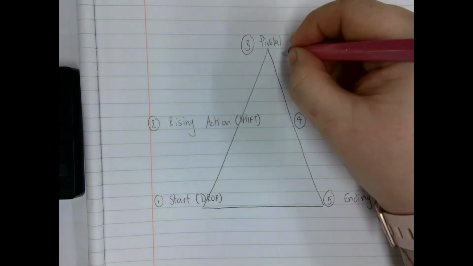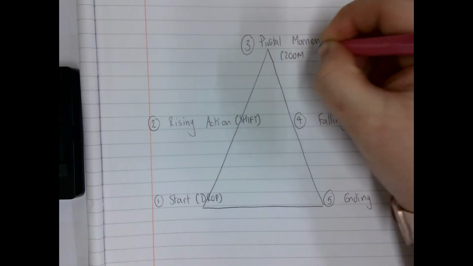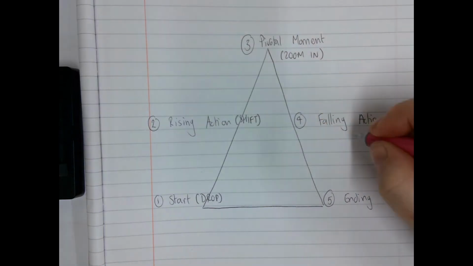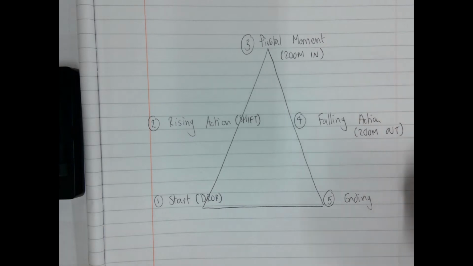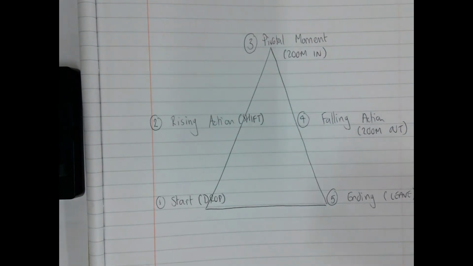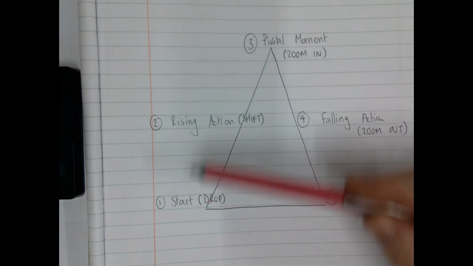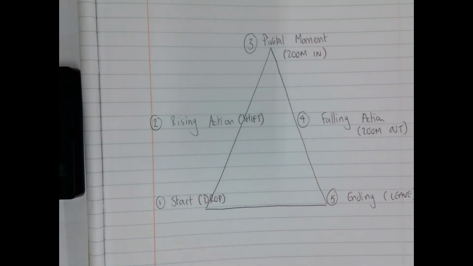The pivotal moment is very similar to the zoom in, with the falling action being very similar to the zoom out and the ending being very similar to the leave. And so if you prefer drop, shift, zoom in, zoom out and leave as your headings, you can replace those 5 steps with that.